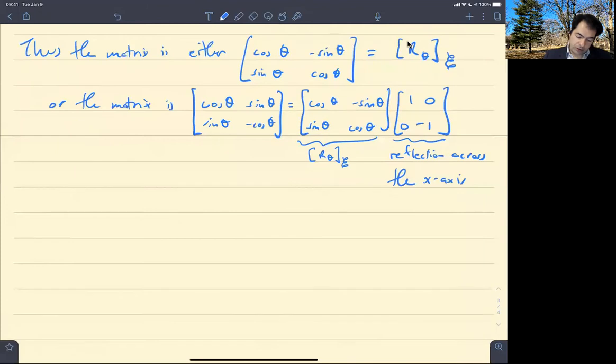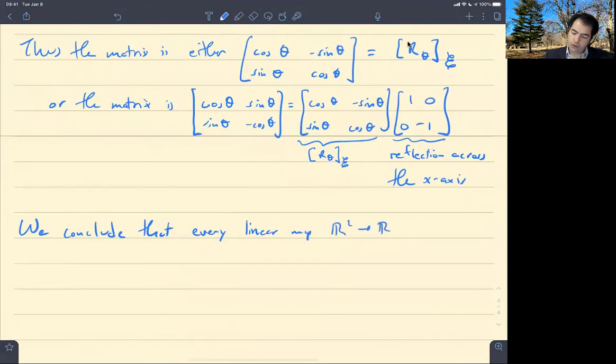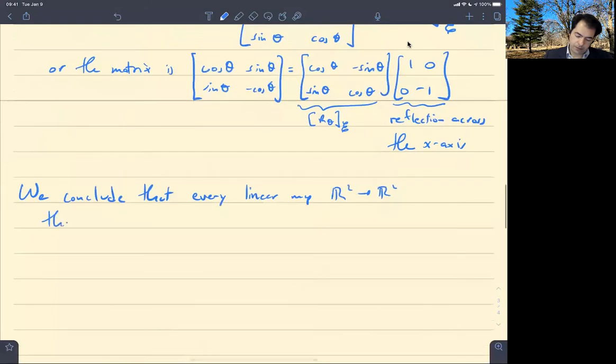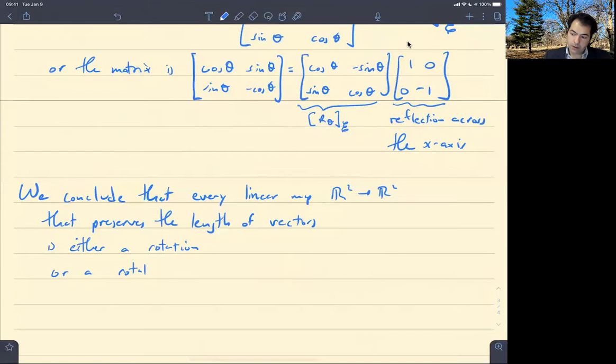So just by this short exercise, we conclude that every linear map from R2 to R2 that preserves the length of vectors is either a rotation or reflection across the x-axis followed by a rotation.